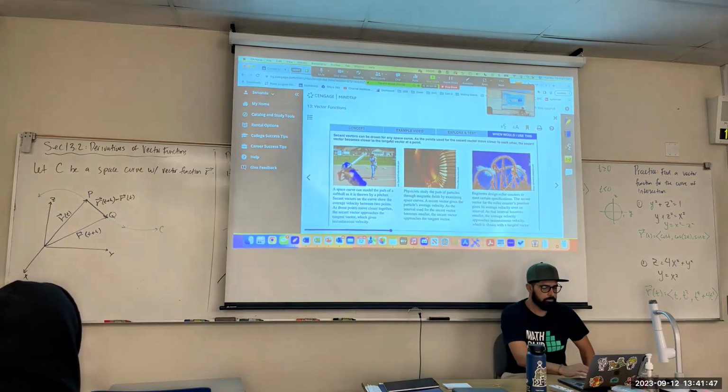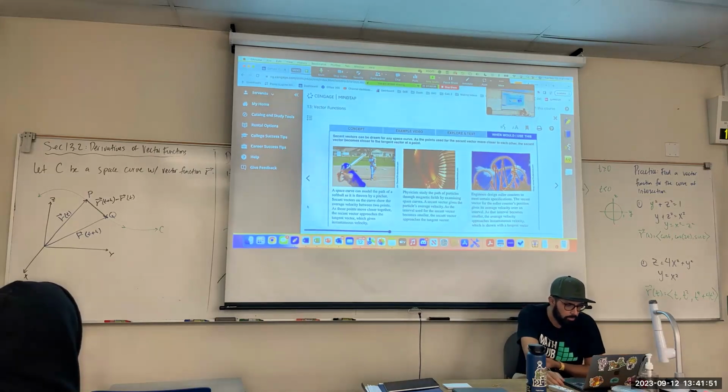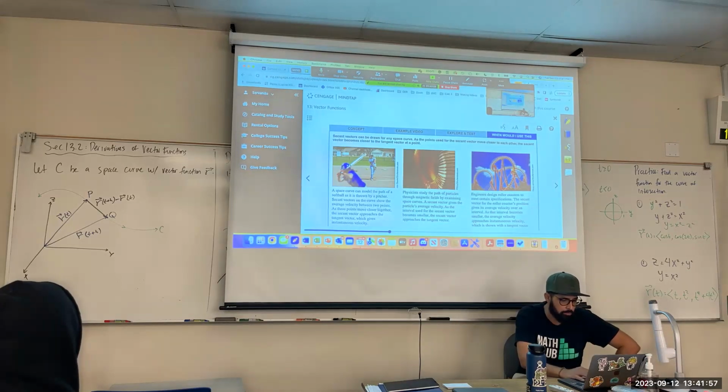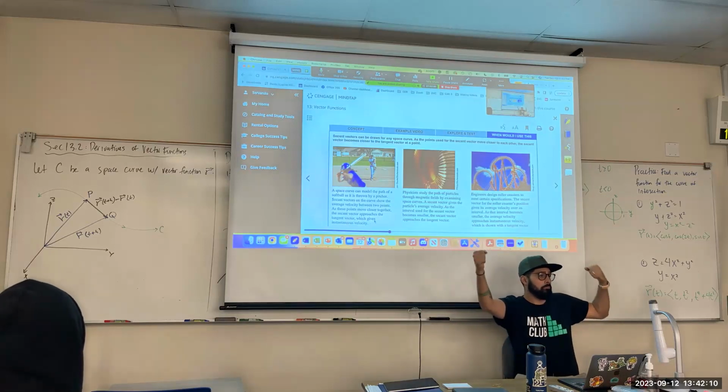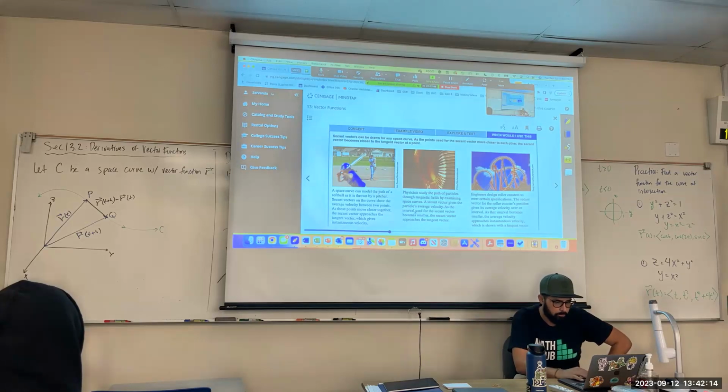Okay. So it says a space curve can be modeled by the path of a softball that is thrown by a pitcher. The secant vector of the curve shows the average velocity between 2 points. As those points move closer, the secant vector approaches the tangent vector, which gives you the instantaneous velocity at the point in time that the ball's at.